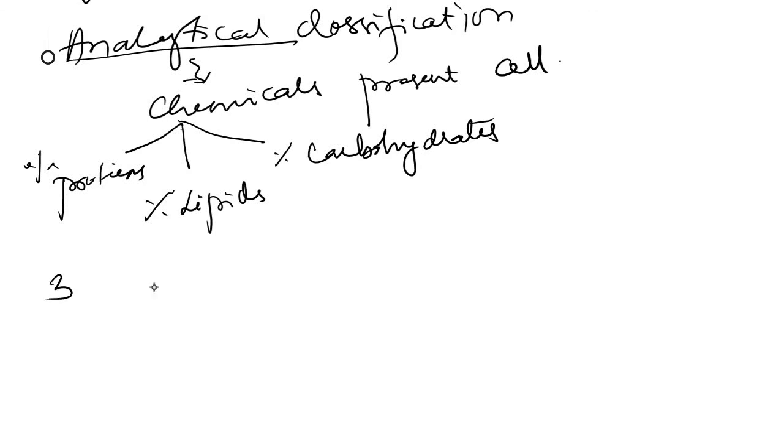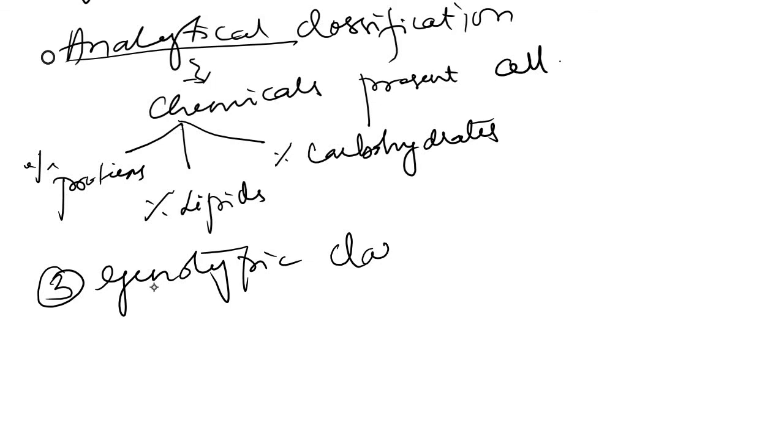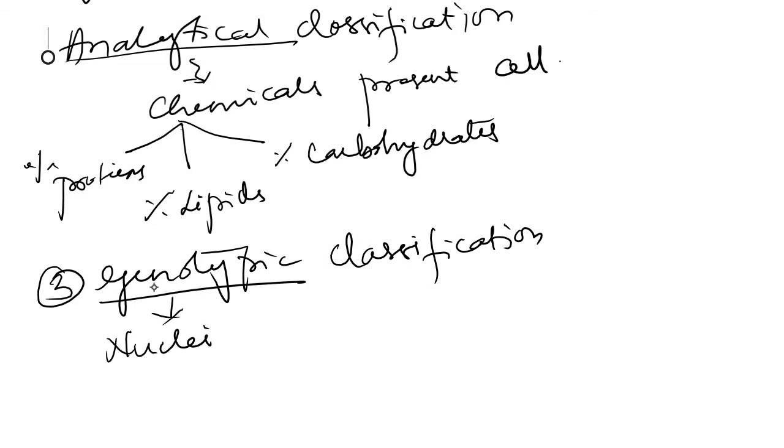Now, the third one is the genotypic classification. What is genotypic classification? Genotypic classification is mainly based on the nucleic acid content.